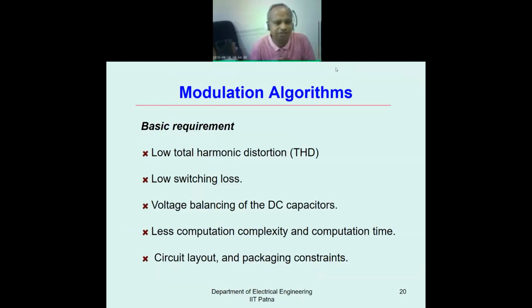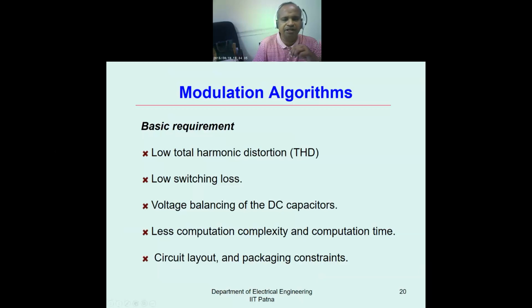That is the hysteresis. We also studied the harmonic elimination method and the sinusoidal pulse width modulation technique, but here we will limit it to sinusoidal pulse width modulation and the hysteresis current control technique, and that too only a little bit.